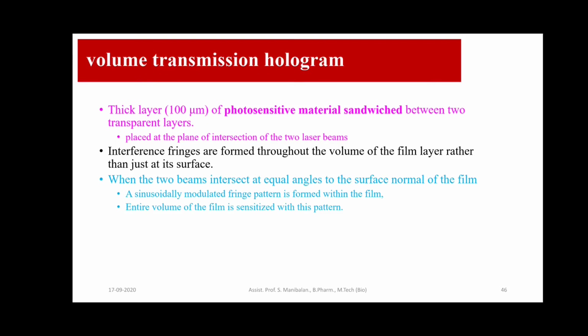You can produce the hologram on the surface, and you can produce the 3D hologram in the inner part also by using the transparent box, right? When the two beams intersect at equal angles to the surface normal of the film, a wave-modulated fringe pattern is formed, the entire volume of the film gets sensitized, and the pattern is read.